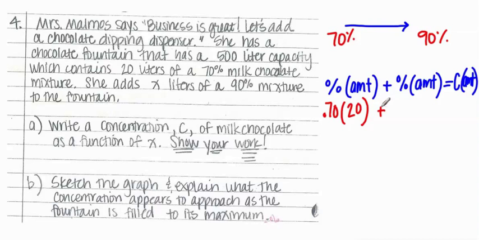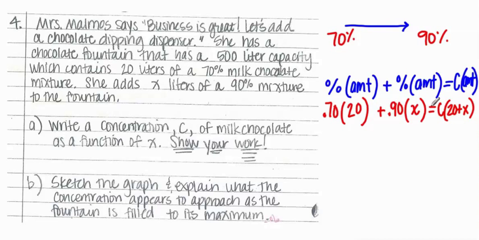Plus, I'm going to add 90% of an x amount of liters. That's going to give me a concentration. That concentration is somewhere between 70% and 90% of 20 plus x, because 20 plus x is going to be my total amount that I have in the chocolate fountain.